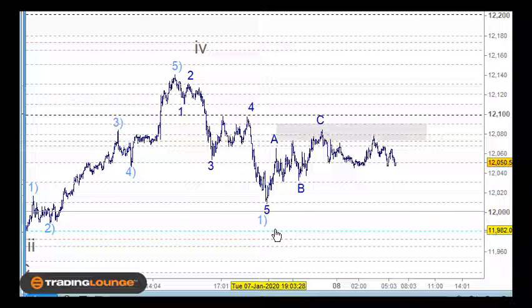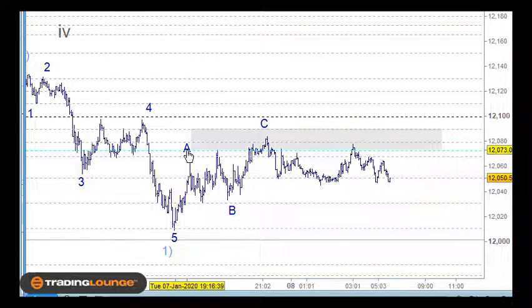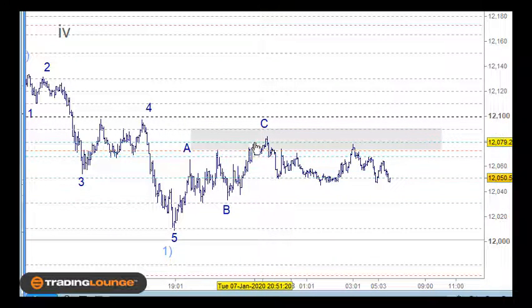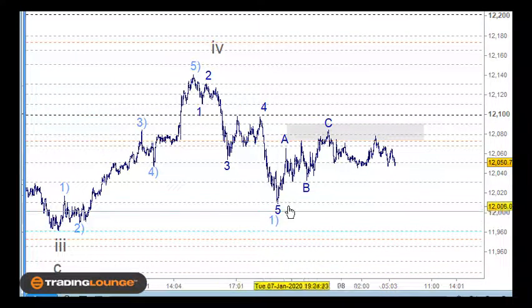And the other interesting thing here is that this move here is an A wave, a B wave here, and a C wave here for a B wave, and then 1 and 2 and 3 and 4 and 5 here. So to me, this is bearish corrective. So we should be going lower at this particular stage from here. We should be taking out that low there.